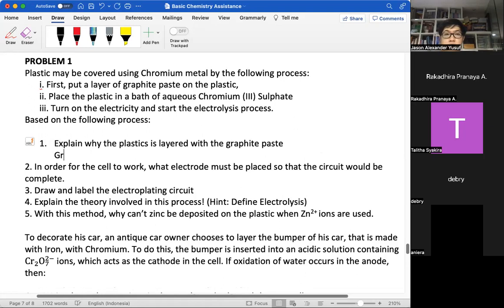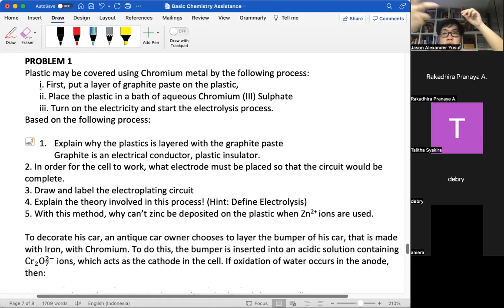And as we know, graphite is an electrical conductor, while plastic is an insulator, meaning it cannot conduct electricity.